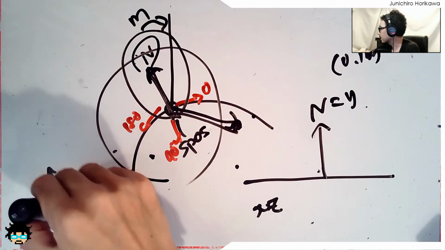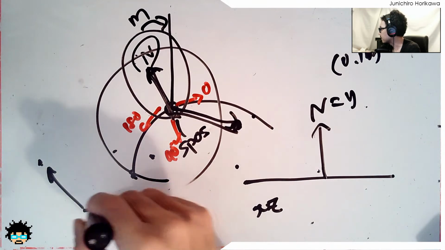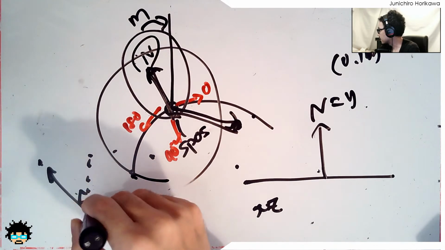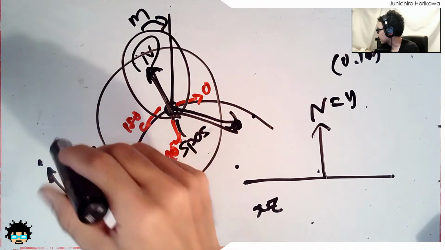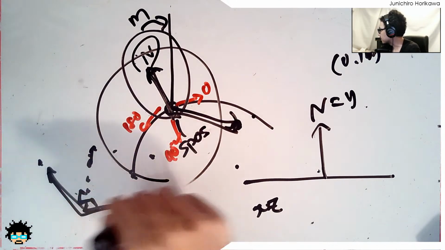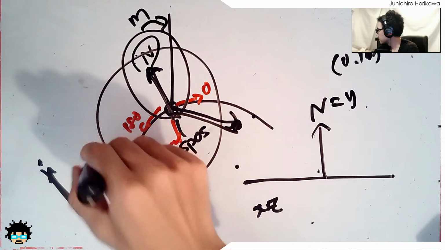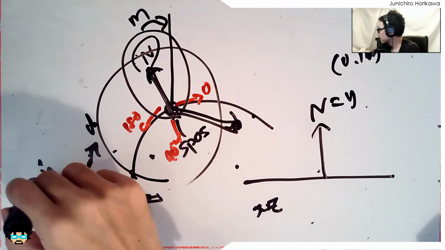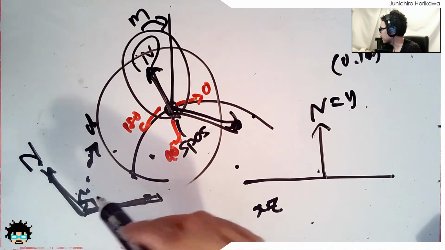By having two vectors, you'll be able to get a vector perpendicular to this plane. And as a result, say this is the normal vector, right?